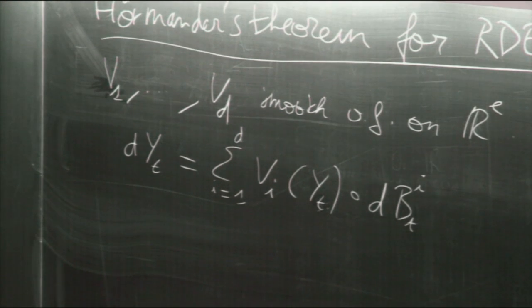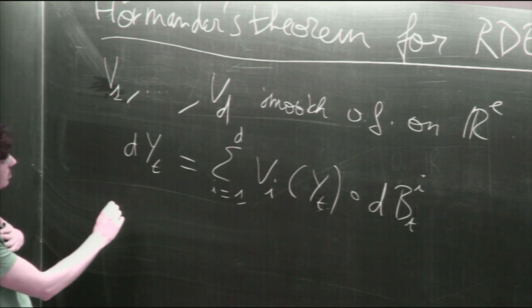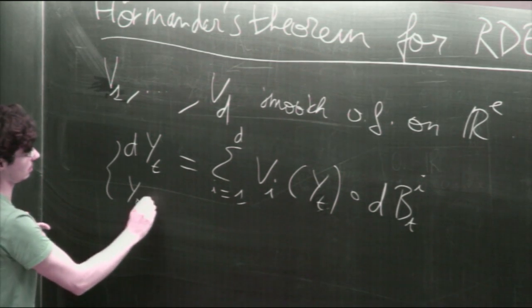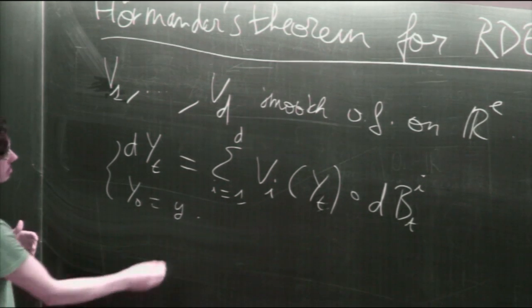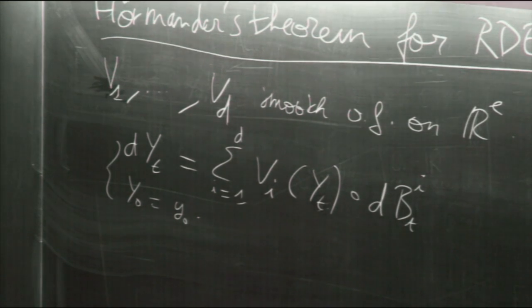And what does Hormander's theorem say? Of course, you need to make some assumption on the vector fields, and you start at a certain position, let's call it y0.